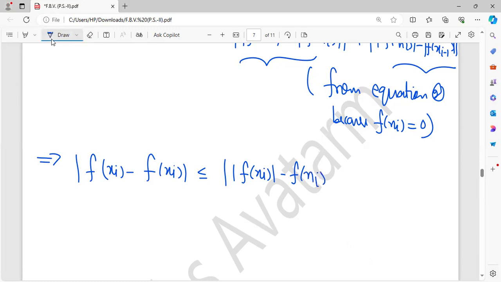Eta I, f eta I minus f xi minus 1. Okay, that's the equation number.